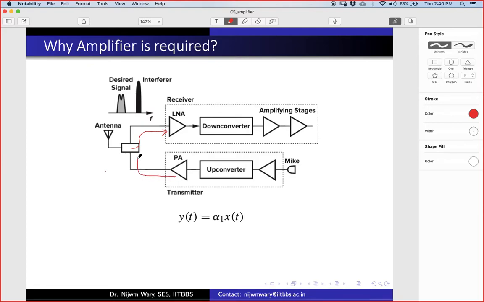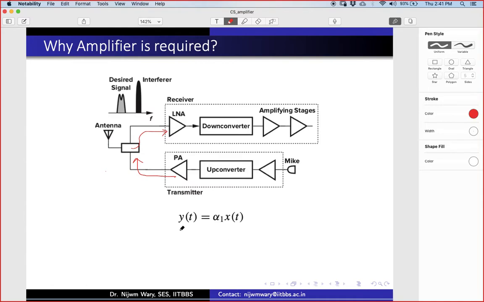I just need to make sure that the signal I'm trying to transmit has high enough power at this node. Now the challenge is, because we are going for a wide swing here, linearity matters a lot whenever we are designing this kind of power amplifier. We want the amplifier to be operating in a linear region.